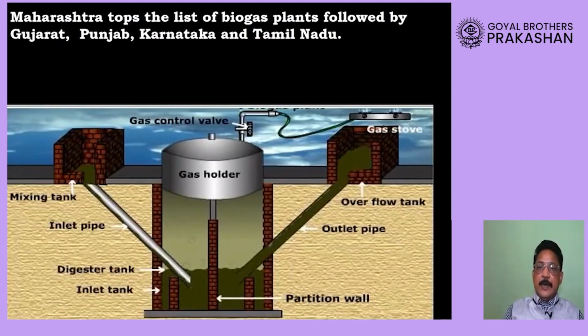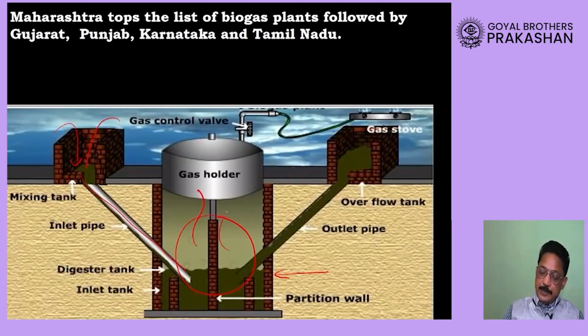Now look at this biogas plant. See, dear students, cow dung, human excreta, and farm waste will be put inside this, and then collected in this chamber where it will get decomposed.